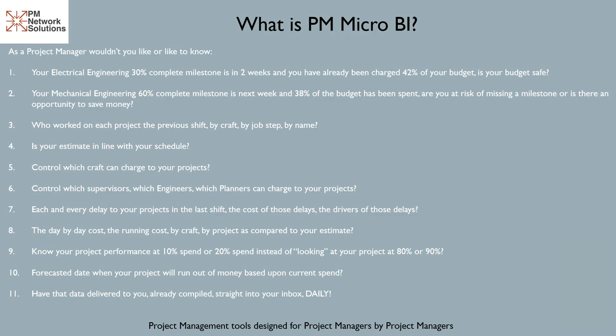The day-by-day cost, the running cost, by craft, by project, as compared to your estimate. Know your project performance at 10% spend or 20% spend instead of looking at your project at 80% or 90%. Forecast a date when your project will run out of money based upon current spend. Have the data delivered to you already compiled straight into your inbox daily.